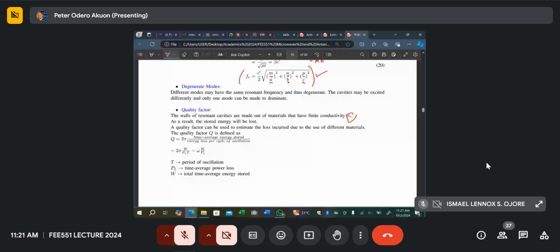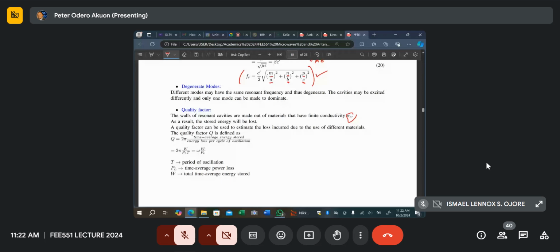We define the quality factor as 2 pi times the time average energy that is stored within that cavity, divided by the energy loss per cycle of oscillation. So time average energy stored over the energy loss per cycle of oscillation. Don't forget about the energy loss per cycle.